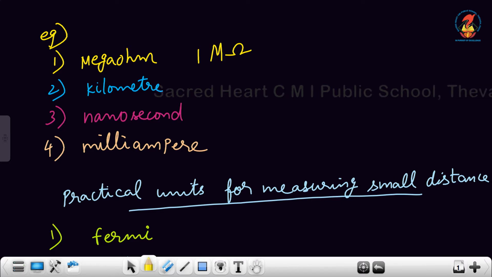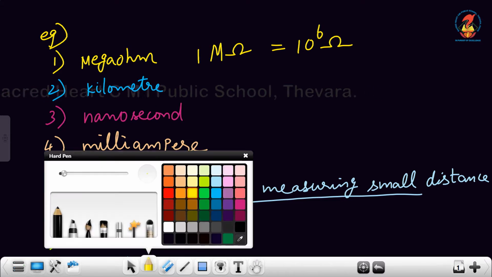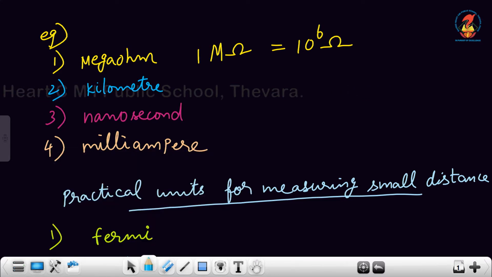You have studied mega is 10 raised to 6. So 1 mega ohm is 10 raised to 6 ohm. Now kilometer, you are familiar with it, kilometer. So 1 kilometer equal to 10 raised to 3 meter.